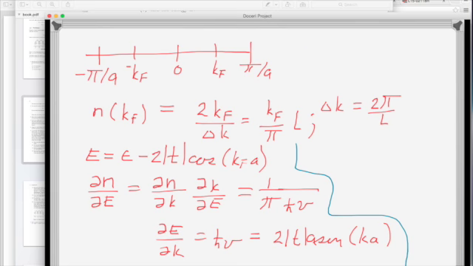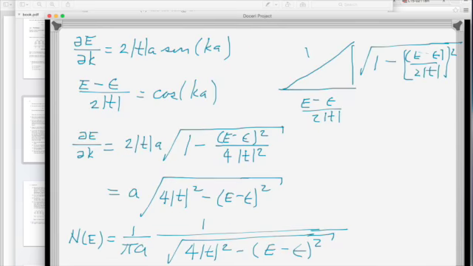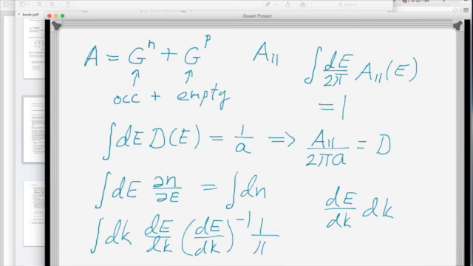And this was just 1 over pi, right? This thing was just 1 over pi. So dk times 1 over pi. And I integrate k over all k from minus pi over a to pi over a.